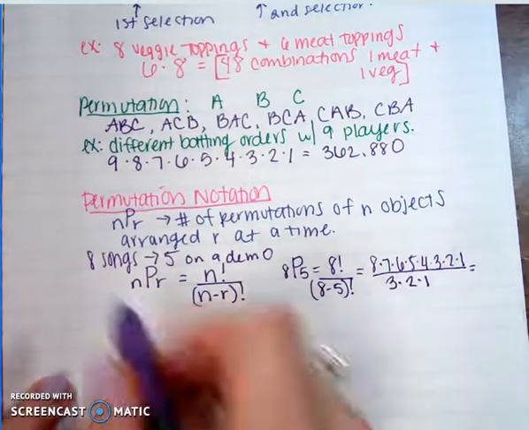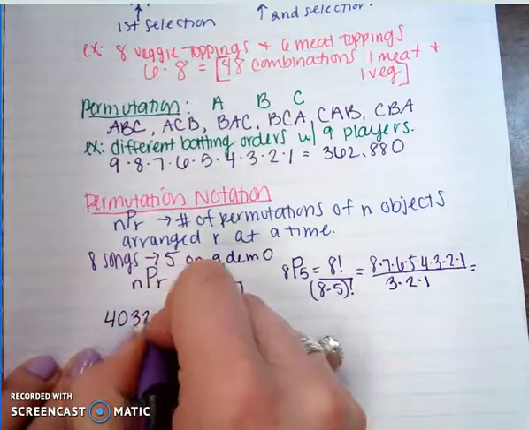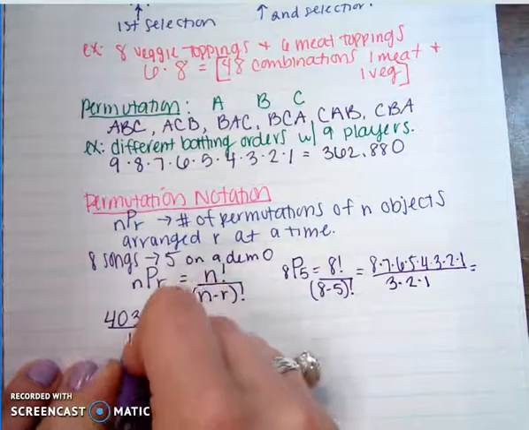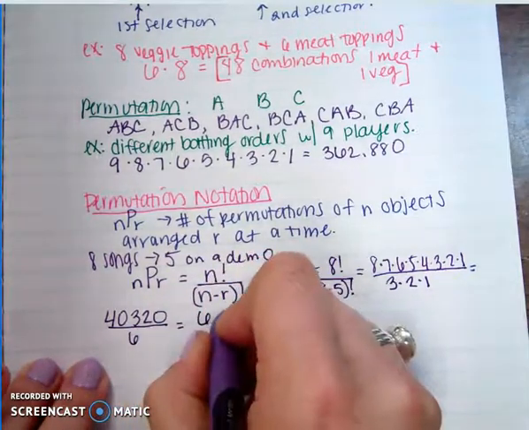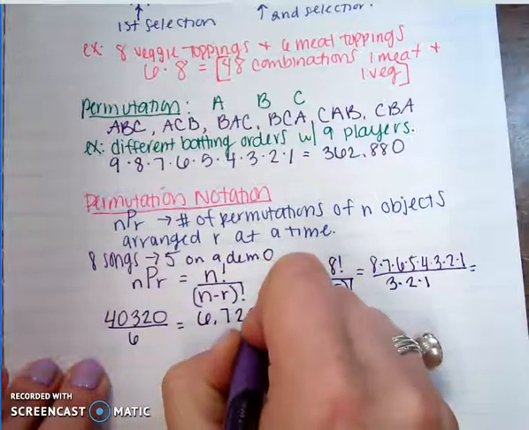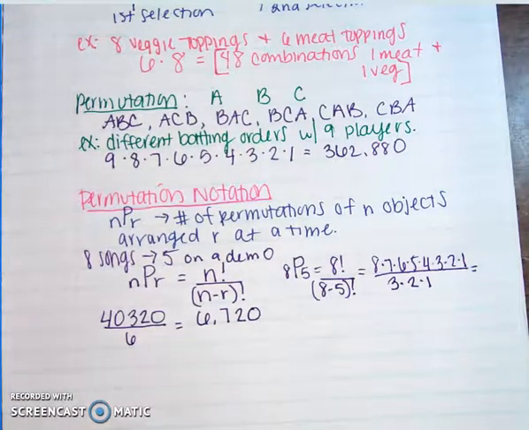The top multiplied together is 40,320 over 6. So there are 6,720 specific orders for those 5 songs that are going on the demo. There's also a way to put it in this calculator, and we will check that when we get back to class.